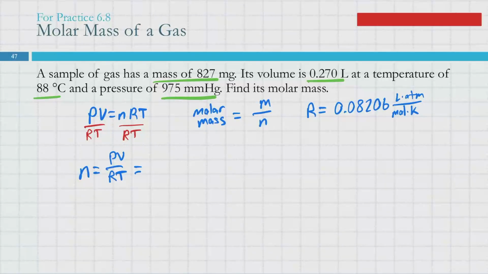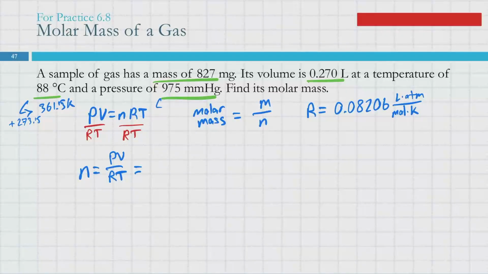We do need to do some conversions because we need liters, atmospheres, moles, and Kelvin. We've got liters for our volume. We need Kelvin for our temperature, which is about 361.15 Kelvin.